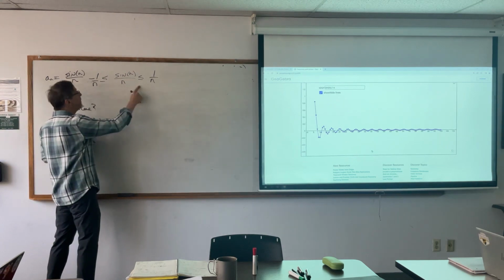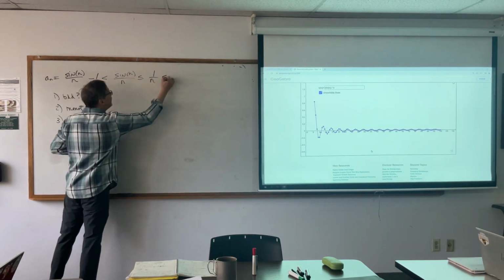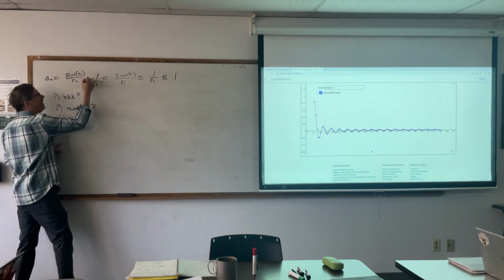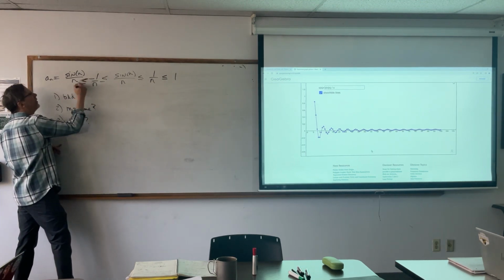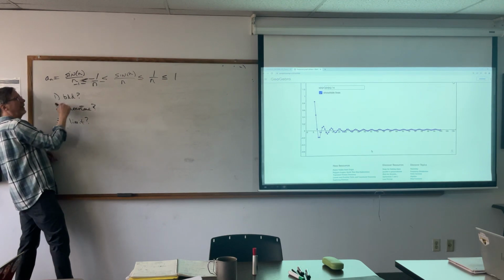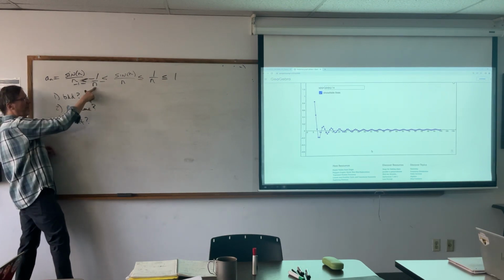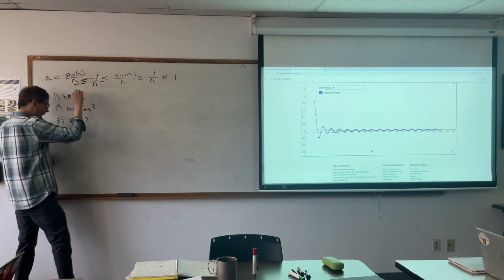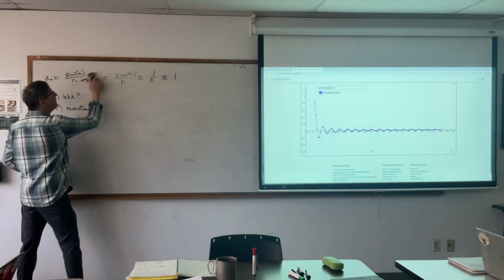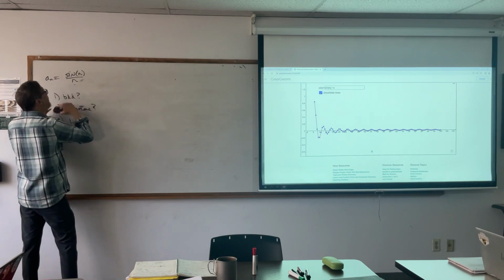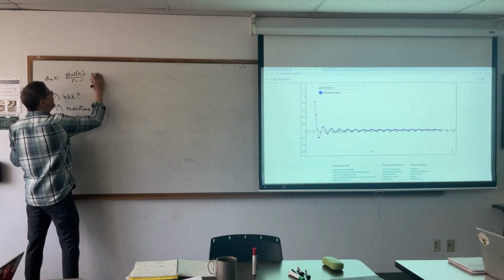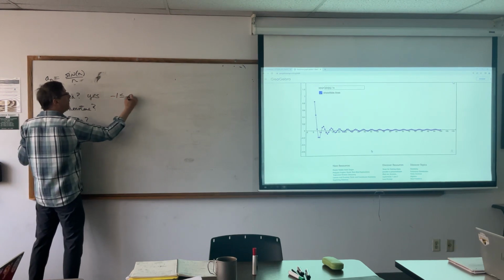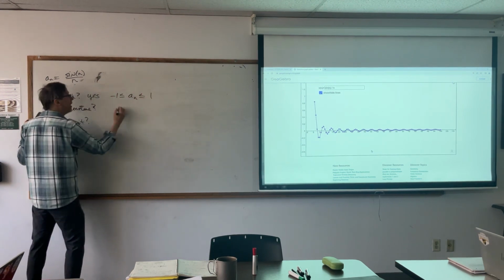That means this top is always less than or equal to 1 because n is always bigger than 1, and this is always greater than or equal to -1. Because when n is 2, it's like -1/2. When n is 3, it's -1/3. It's moving that way. So this is bounded between -1 and 1 for crappy bounds. So bounded, yes. And I would say here, a sub n is between those two numbers for all n.